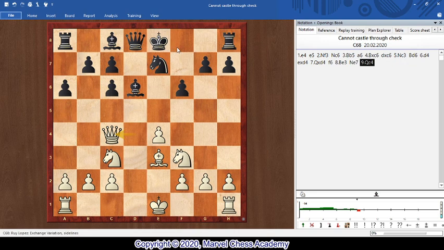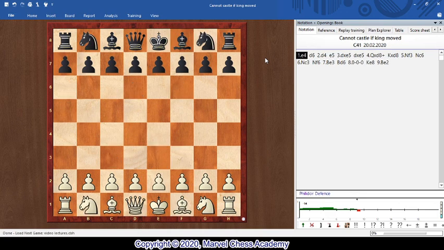So the squares through which the king passes to castle should not be under attack. Here, if black castles short, the king will come under direct attack. So hence, black cannot do short castle. So is this condition even if the f8 square is under attack. Okay, the black king cannot pass through check.